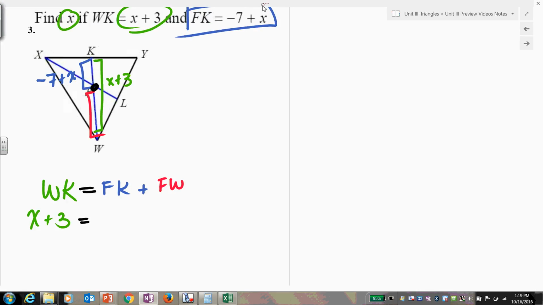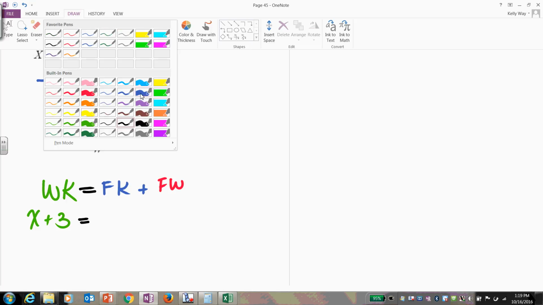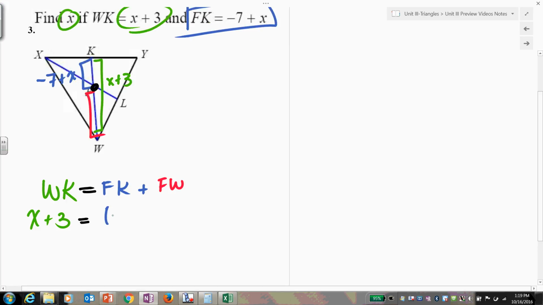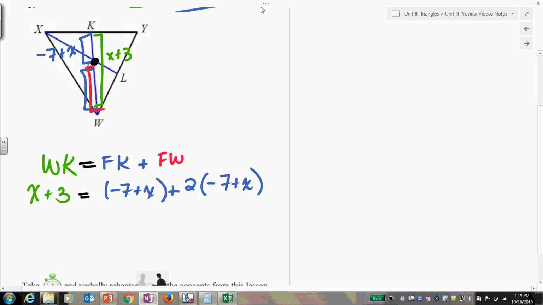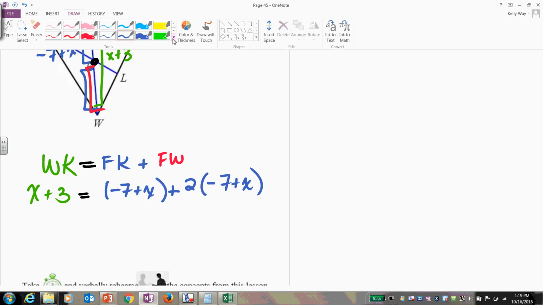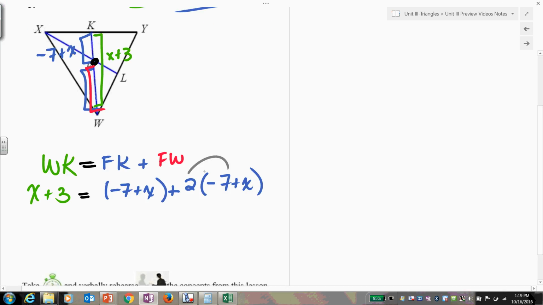We already have FK, which is negative 7 plus x. Plus, now we know FW is double this, so we're going to do 2 times it. Now we simply solve. Try to do your own algebra here and then look up at what you've done.